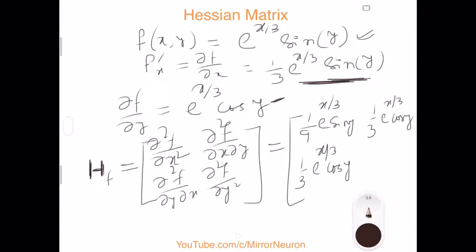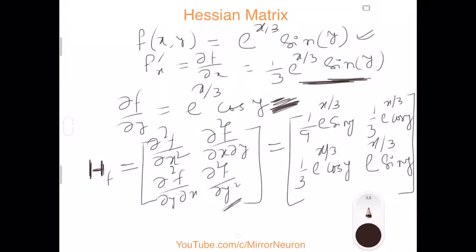And the last term is the double derivative with respect to y. So I am taking the derivative of this one with respect to y, and this becomes e to the power x over 3 times the derivative of sine y.